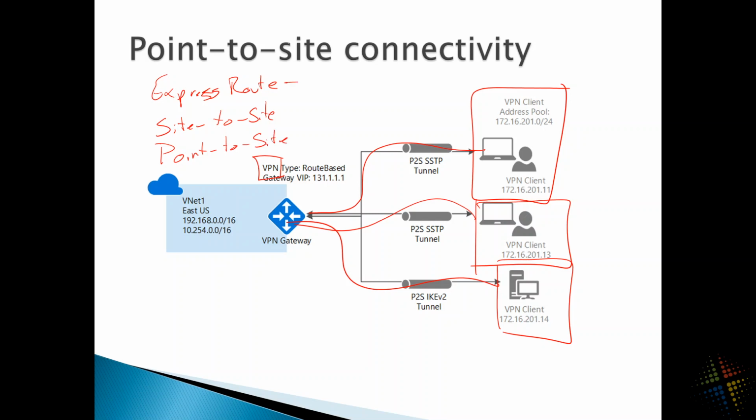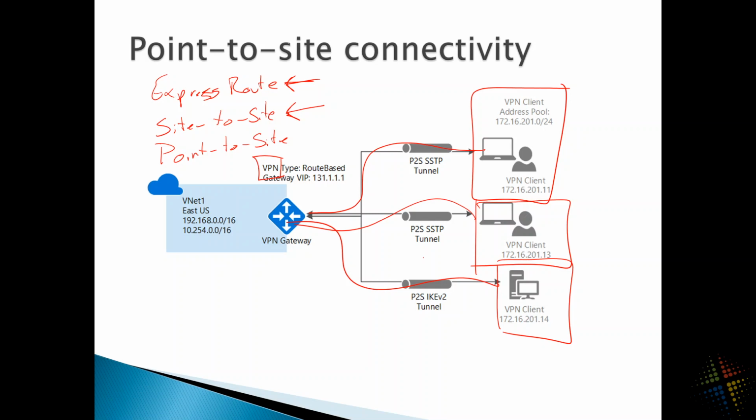Maybe ExpressRoute. This is my main office, my home office, where most of my equipment is configured. I configure it with ExpressRoute. So we go over dedicated connections that have dedicated bandwidth and dedicated availability. Then I have some sort of a branch office that I can configure with site-to-site. Maybe there's only 10 people at this remote office.